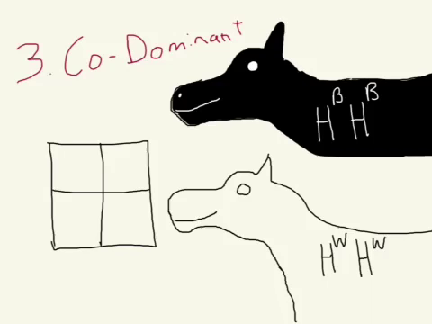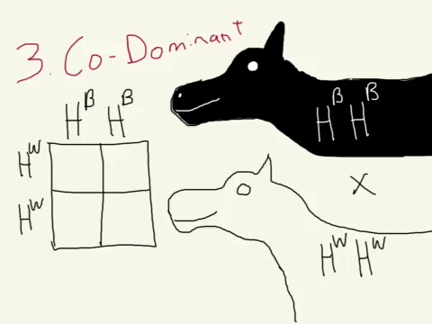When we cross these, put this up in the box up here, so we know that these 2 are going to be crossed. We have our black horse up top and our white horse on this side, and we do our cross just like every other one.